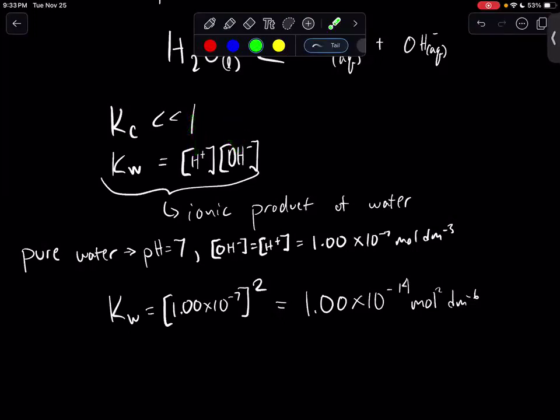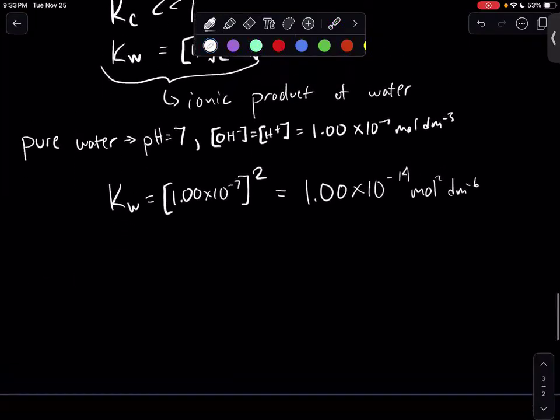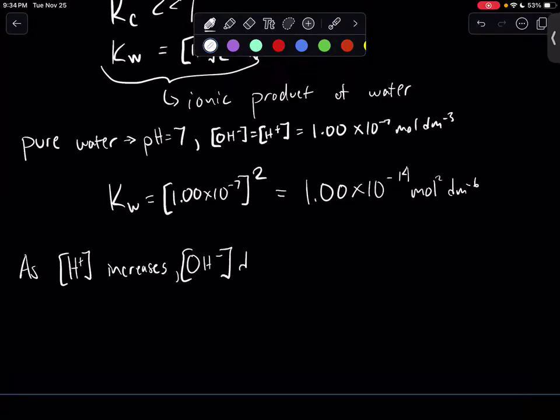So these are inverse relationships. So we can say as concentration of H plus increases, OH minus decreases, and vice versa. And this helps explain the pH scale.